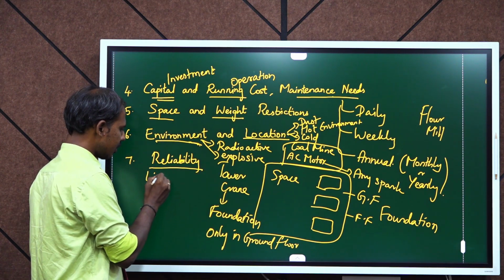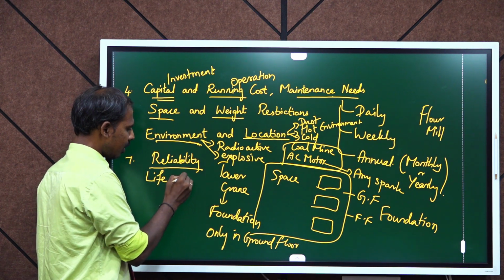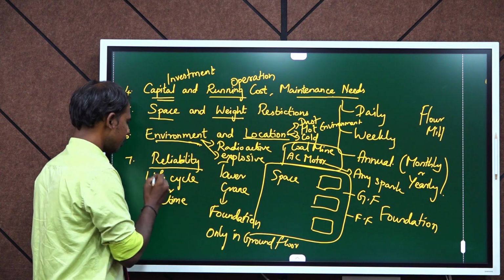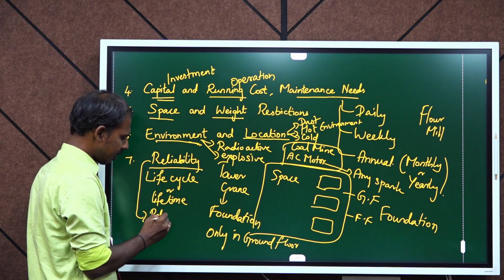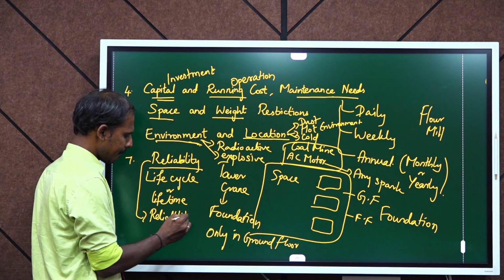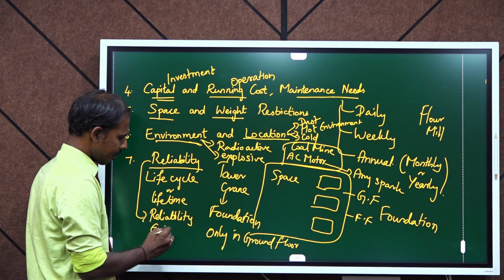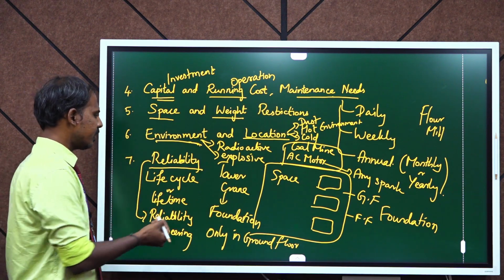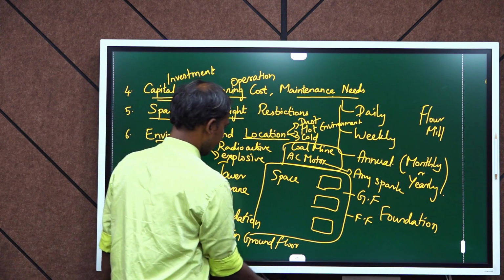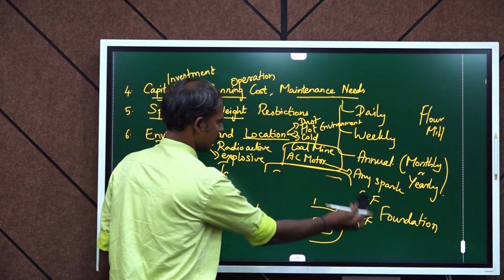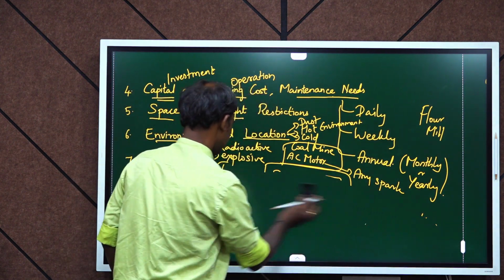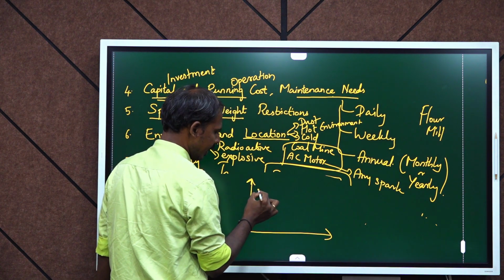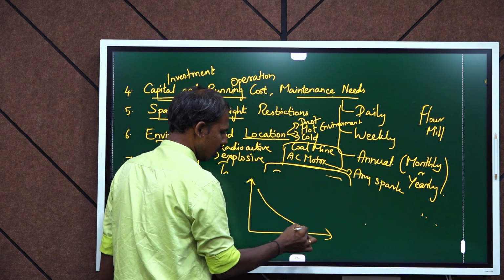This is nothing but the life cycle or lifetime of a machinery. There is a separate topic called reliability engineering, which mainly focuses on the life cycle of the equipment. Initially, when you are purchasing a new equipment, your efficiency will be at a higher point, whereas it gradually comes down.